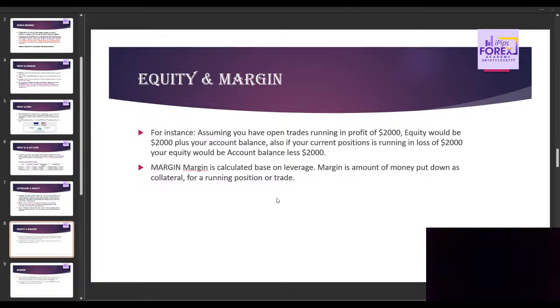Also, let's say you have a $10,000 balance, but you have a running loss of $2,000. So your equity will be what? $8,000. Whatever you are making, profit or loss, is what will determine your equity. Do you understand?